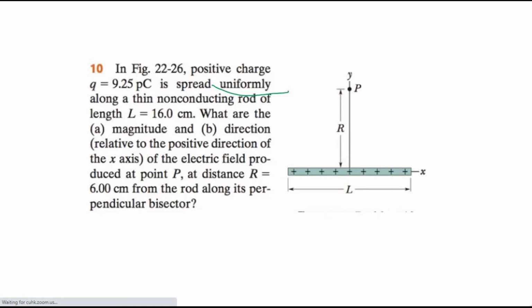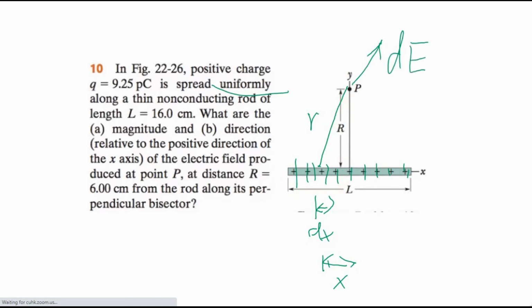We can just divide it into many small sectors, and each one is dx. Then we treat it as a point charge. Assume the inclined line is r and the distance is x, right? So that we are going to have electrical field dE pointing in this direction.